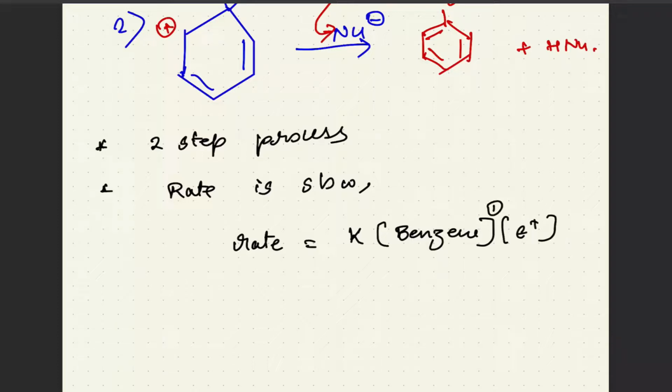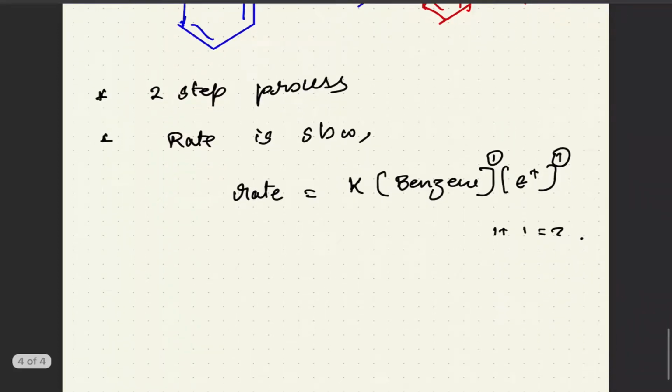So we find the rate as 2 because 1 plus 1 equals 2. And it's a bimolecular reaction because it involves two molecules.